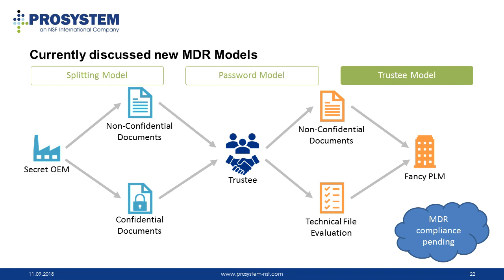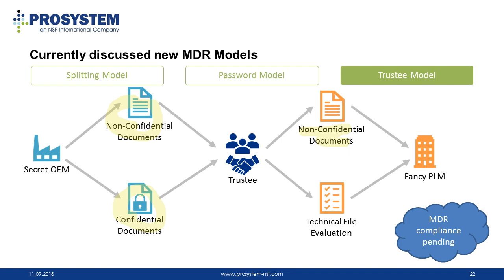the documentation is again divided into a confidential and a non-confidential part of the documentation. Both of these parts are then available to the trustee, and the non-confidential documents are of course then handed over directly to the private label manufacturer, and the confidential parts of the documentation are reviewed and evaluated by the trustee, the same as, for example, a regulatory affairs department within the private label manufacturer would do.